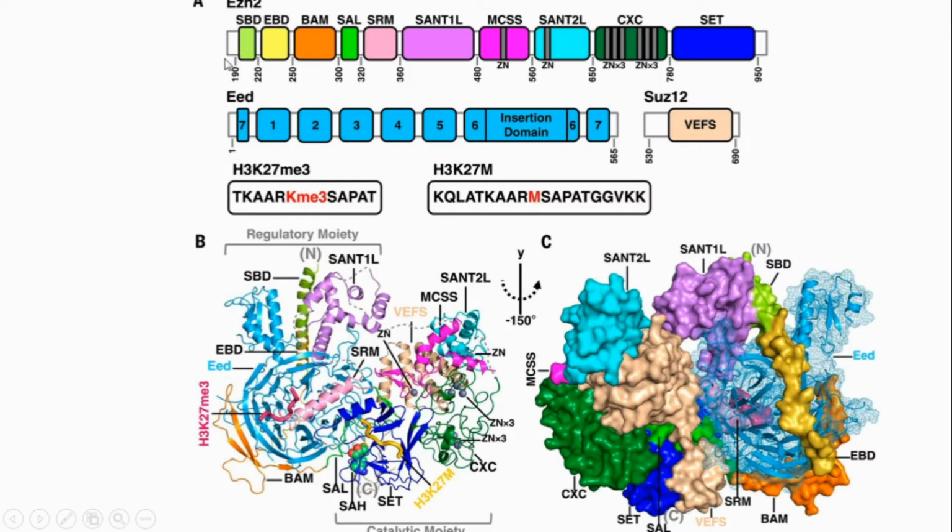This is the amino acid color coding of the regions of the amino acids in the protein. There are about 950 or so amino acids, maybe slightly more, in the EZH2 protein, and they color code the regions, and then you can see the color coded regions here.